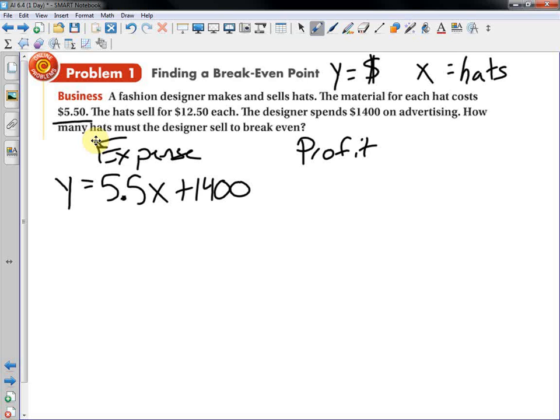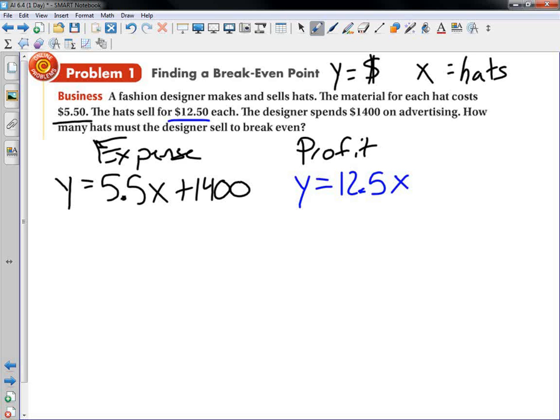For profit, again, my money is going to be equal to, let's see, I think the only one that we didn't use was that $12.50. And that's how much we're selling it for, right? And that's $12.50 per hat. And there's no lump sum part to the profit. Now I have these two equations, and I can choose which way I want to solve them.